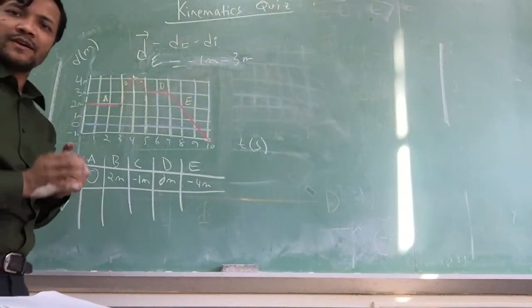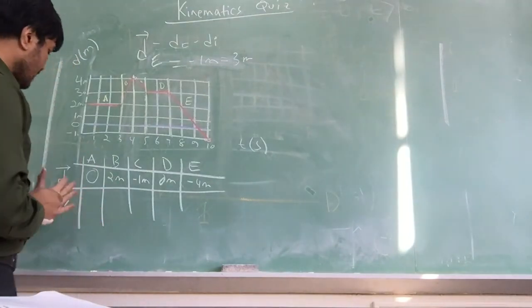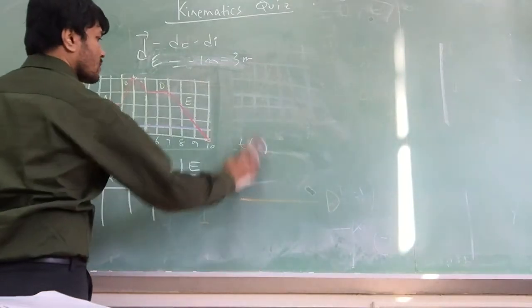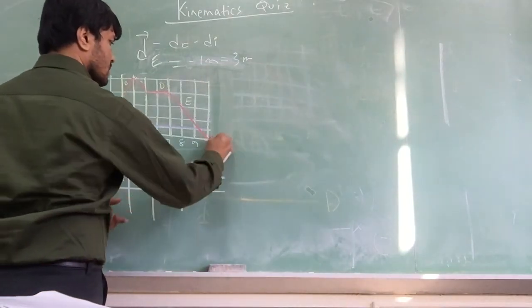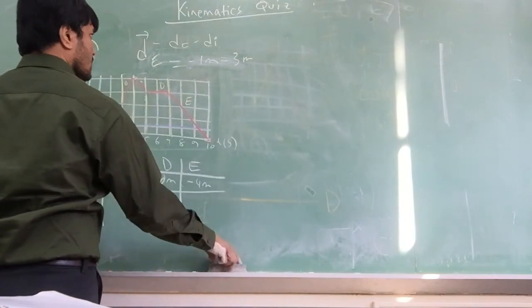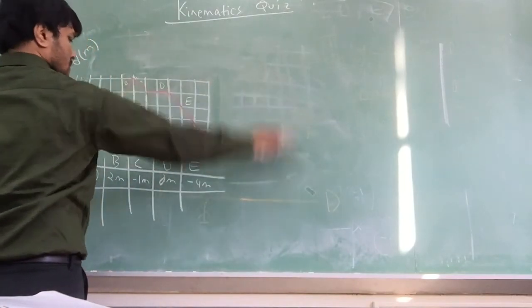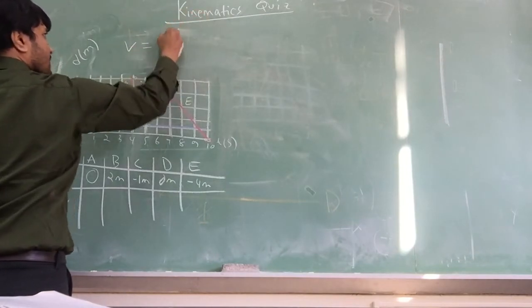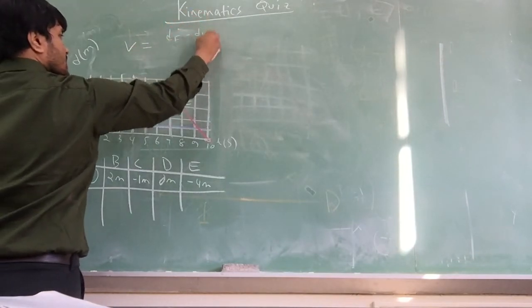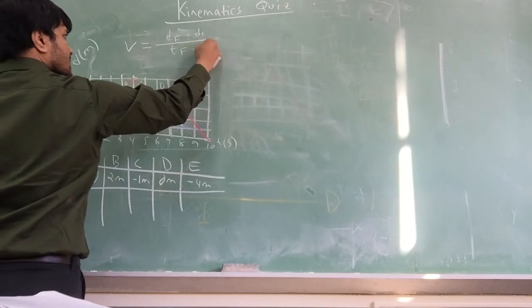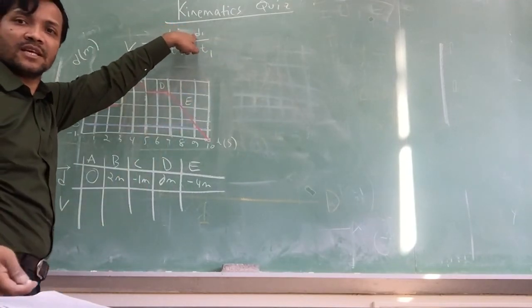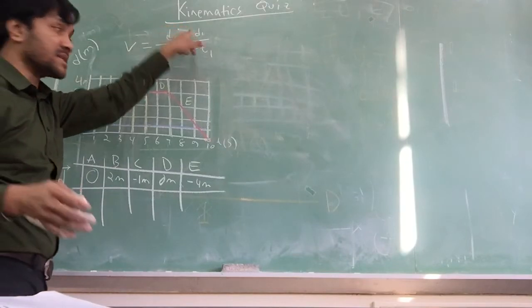Now we try to find the velocity. I'm going to write the formula for the velocity: d final minus d initial over t final minus t initial. D final minus d initial is actually delta d, the change of displacement.